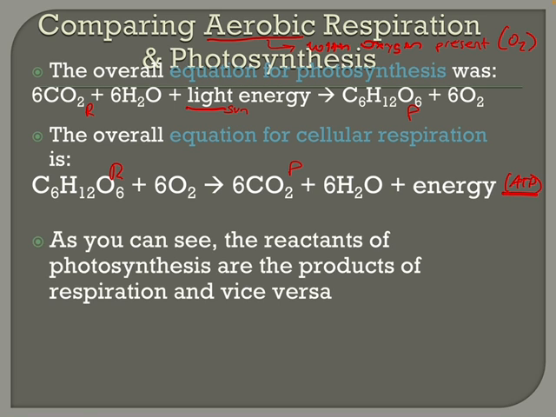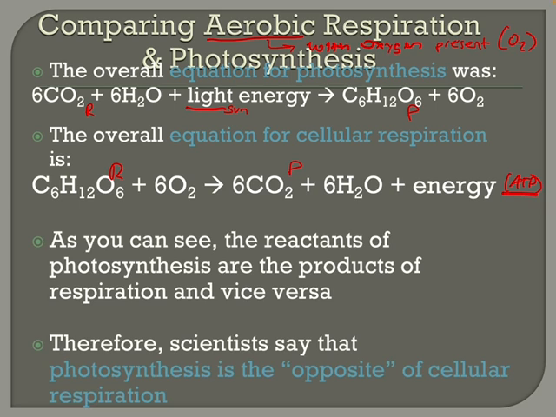All right, so again, the reactants of photosynthesis are the products of respiration and vice versa, like we just said. And therefore, very frequently, scientists will say that photosynthesis is really the opposite reaction of respiration. It is in the sense of it really is flipped, okay? So that's just a quick comparison. You do need to know the formulas for both, but like I said earlier, and like we told you earlier in class, if you know photosynthesis, you know respiration. You just got to flip it, okay?